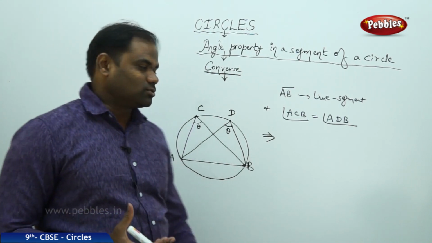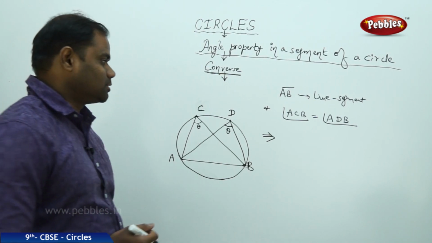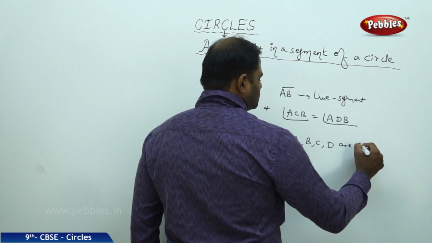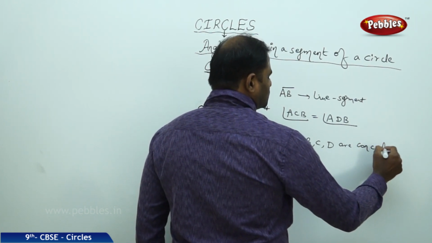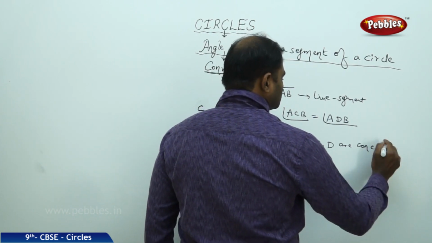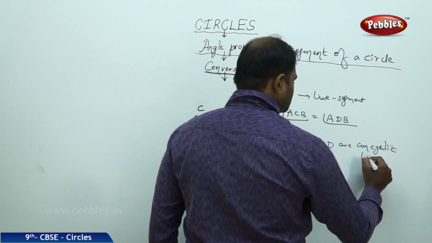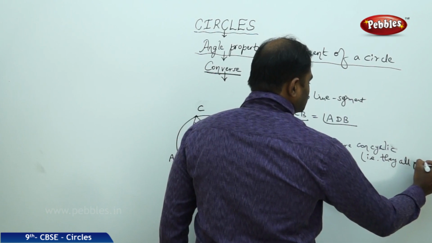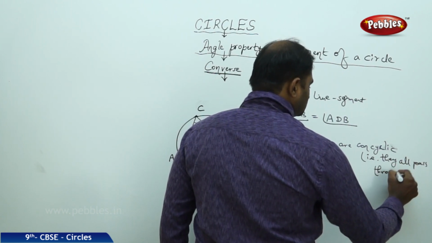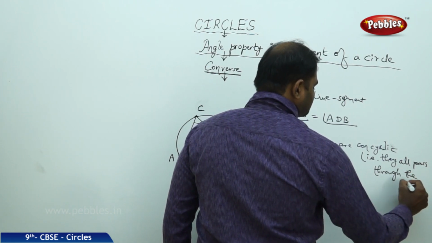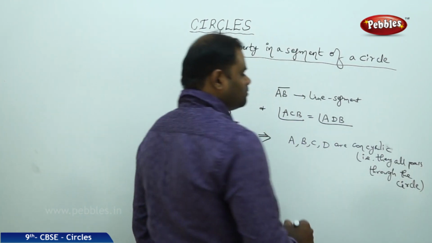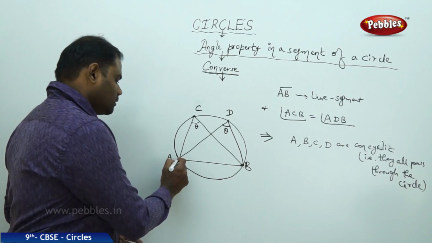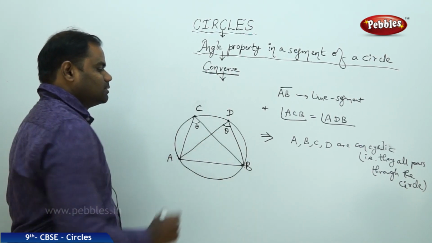Concyclic in the sense that all 4 points pass through the circle, is how we understand the concyclic property of A, B, C and D.